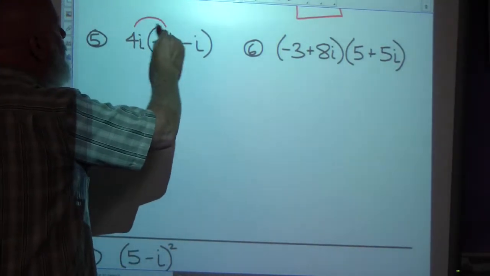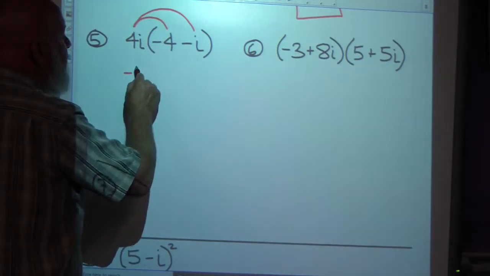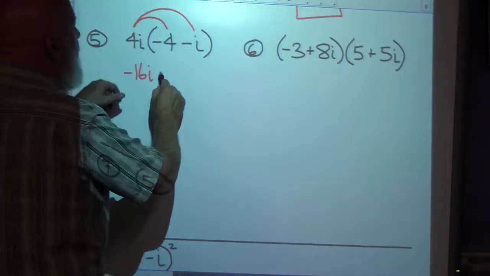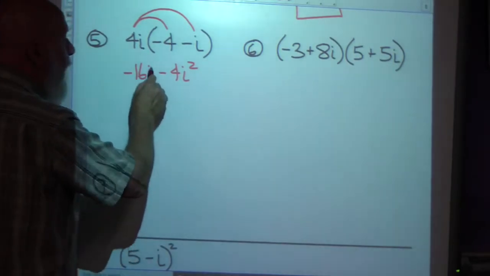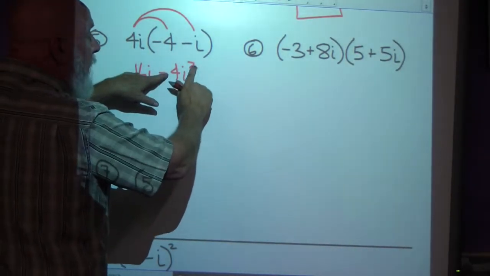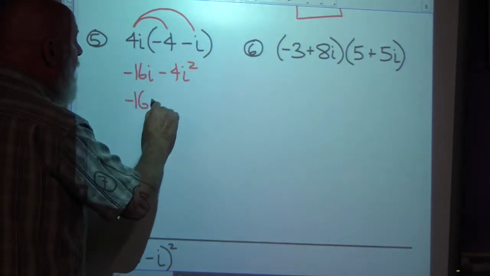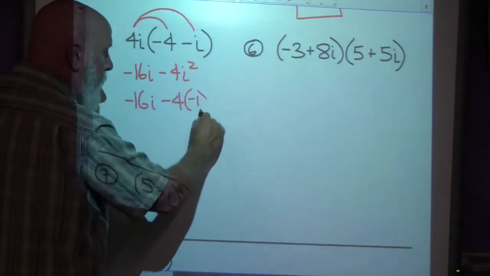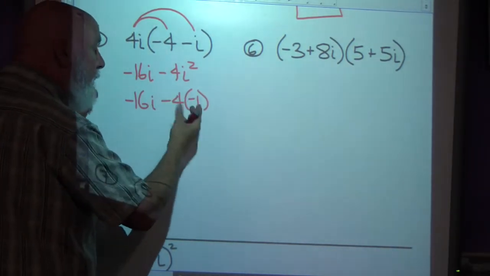So 4i times negative 4 is negative 16i, just like it was a variable. 4i times negative i is negative 4i squared. Now I can't simplify this any further because that's not i squared, but I can simplify this one. I squared is negative 1. So this is negative 16i minus 4 times negative 1. I squared is negative 1. Negative 4 times negative 1 is positive 4.